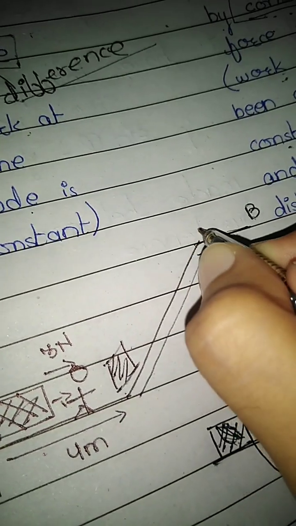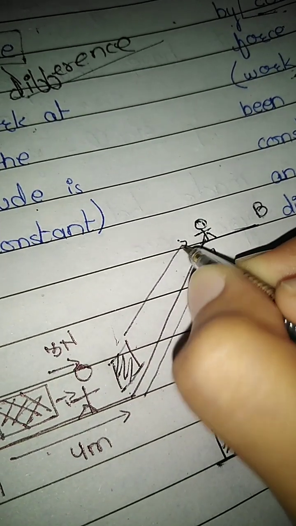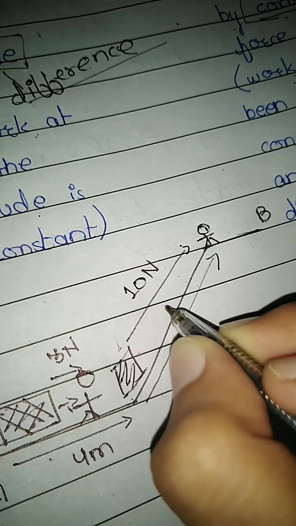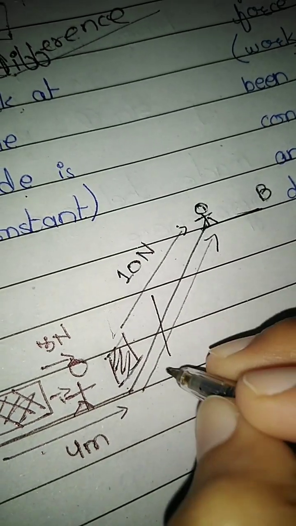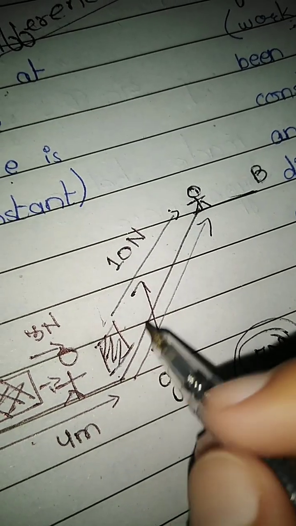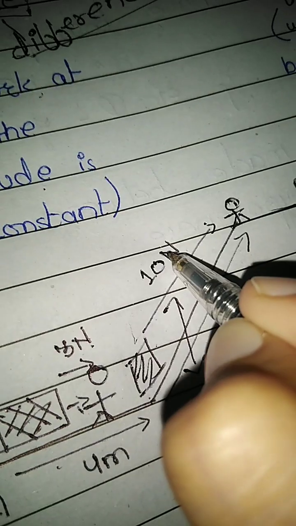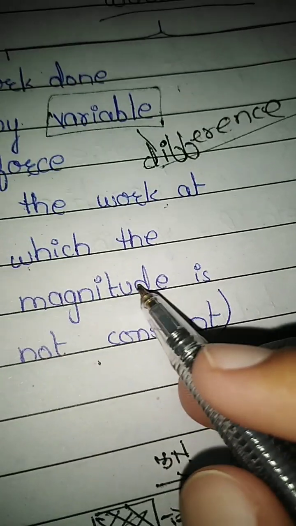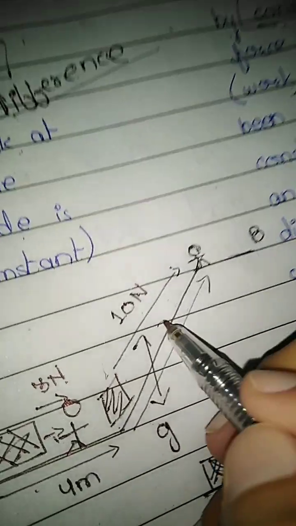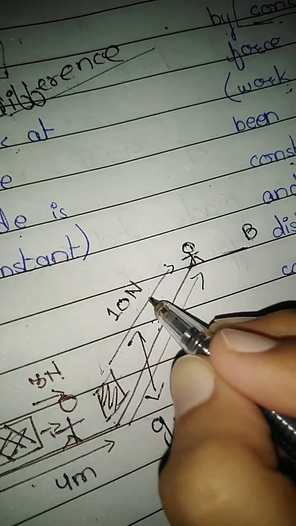Like, if it covers the distance from here to here, approximately 10 Newton force is needed, because the force is being applied opposite to the gravitational force. So we can say that the magnitude is not the same, so it needs not a constant magnitude, it needs a variable force.